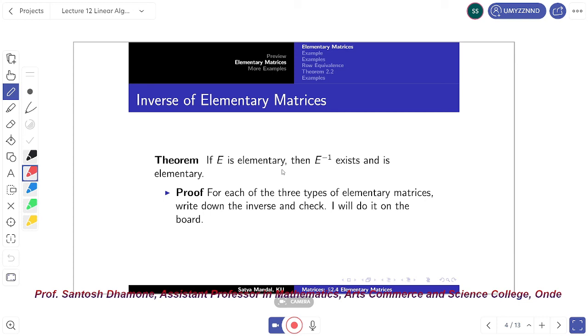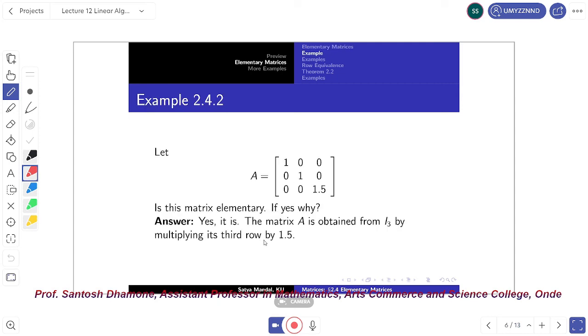The second row 0 1 0 is also a row of the identity matrix, and in the third row we clearly see that the 1 is multiplied by 1.5, that is, row 3 is multiplied by 1.5. Therefore this is an elementary matrix. Yes, it is. The matrix A is obtained from I3 by multiplying its third row by 1.5.